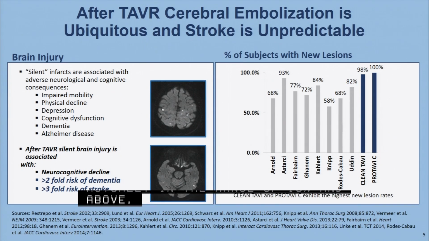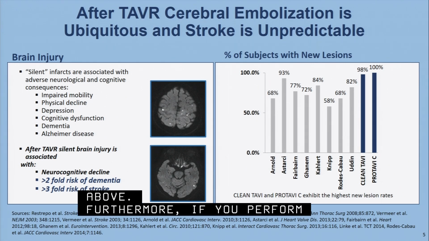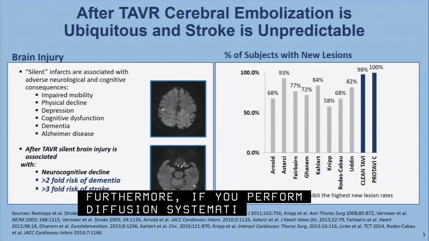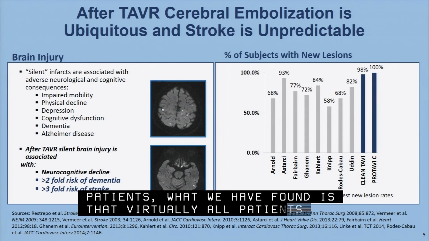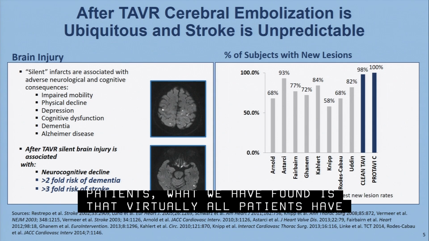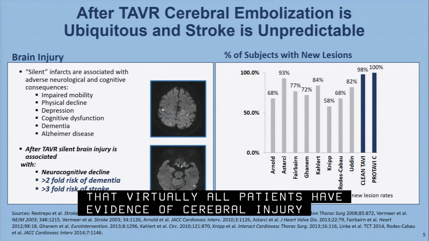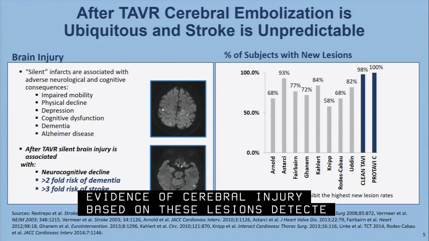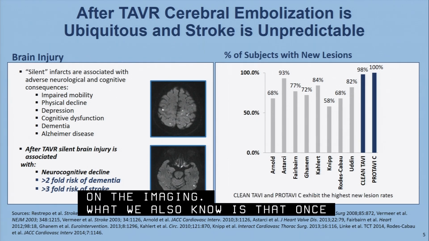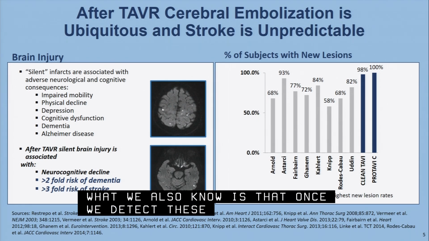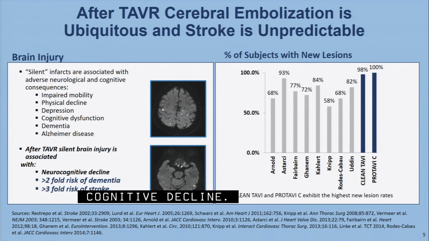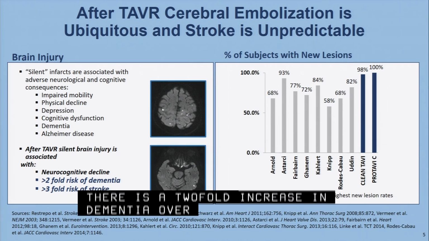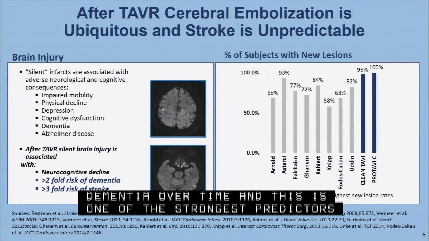Furthermore, if you perform diffusion-weighted MRI systematically in all patients, what we have found is that virtually all patients have evidence of cerebral injury based on these lesions detected on imaging. What we also know is that once we detect these lesions, there is a link with subsequent neurocognitive decline. There's a twofold increase in dementia over time, and this is one of the strongest predictors of subsequent stroke, with a threefold increase in stroke rates.